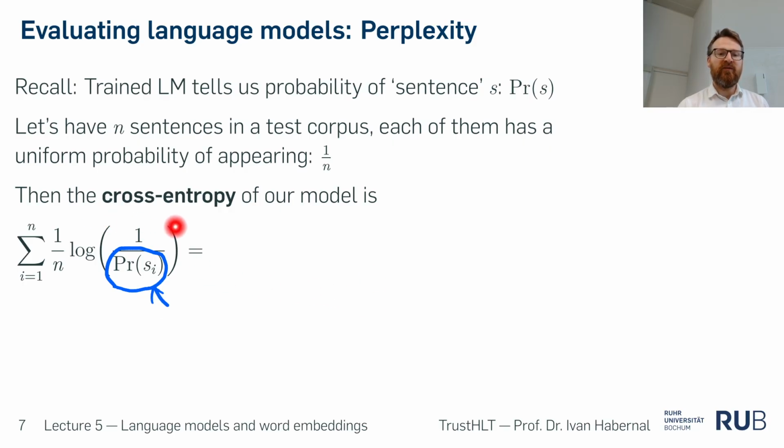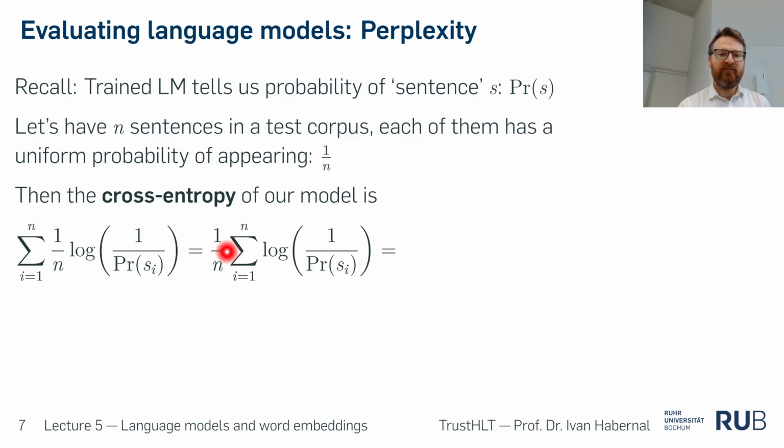Okay, so I'm going to compute the cross entropy of our model, which might look similar to categorical cross entropy, because we had the logarithm and two probability distributions. It's basically the same thing, but expressed differently. I'm going to take the reciprocal of this probability, put it through a logarithm, multiply by the other probability, and do the summation. A little bit of math, so I push this to the front. Then I get rid of 1 over probability because it's ugly: 1 over probability is a minus logarithm.